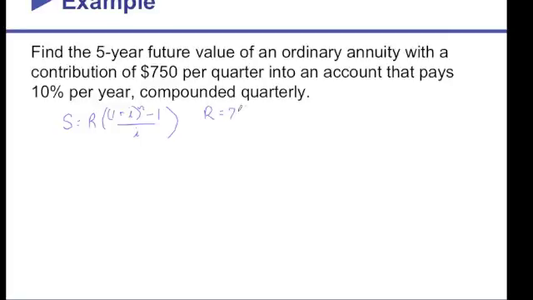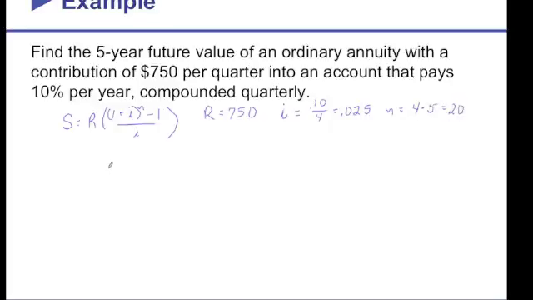R is our $750 per quarter. I equals the 10% divided by 4 quarters in a year, which comes out to be 0.025. And N equals the number of payments, so that's 4 times a year times the 5 years, or 20.